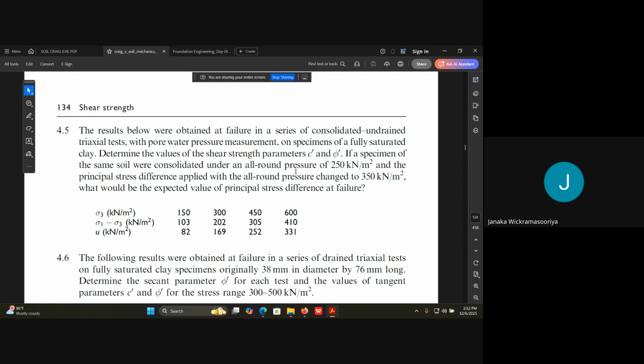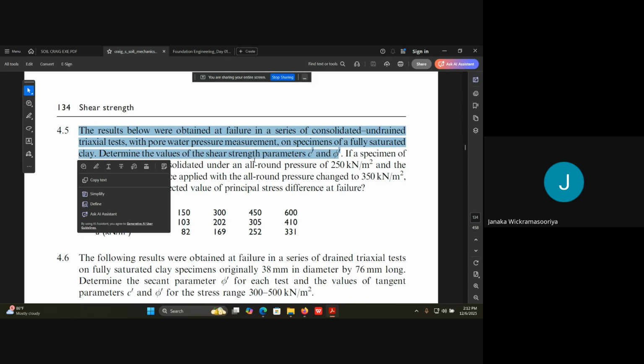So the first thing is you will have to find this C dash and phi dash. So yes, first find it, then we will move to the next question.